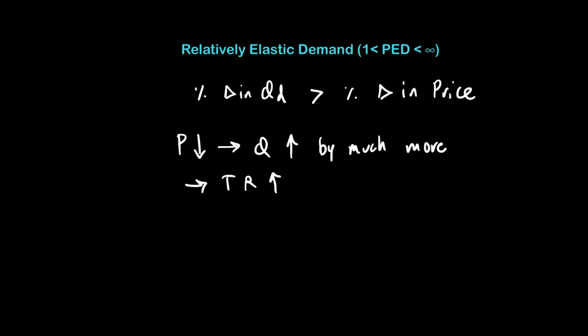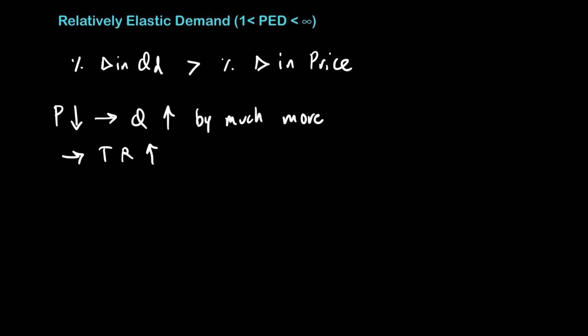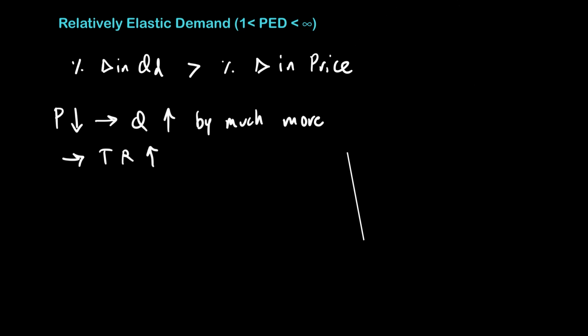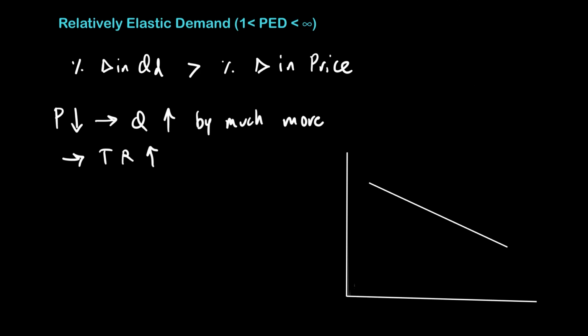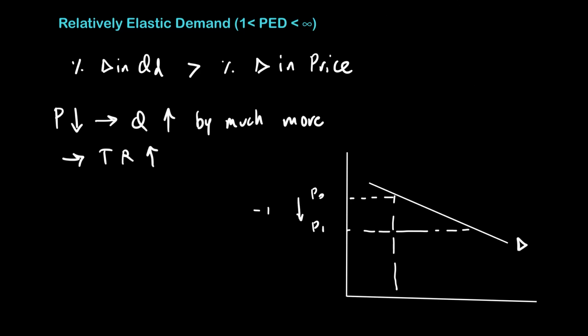Let's see that also in a diagram. When you look at the diagram for relatively elastic goods, we learned earlier that we need to make a demand curve that is very flat rather than steep, because we want to show the idea that if the price changes, for example from P0 to P1, if the price is going down by 10%, the quantity will go up by much more, let's say 20%.